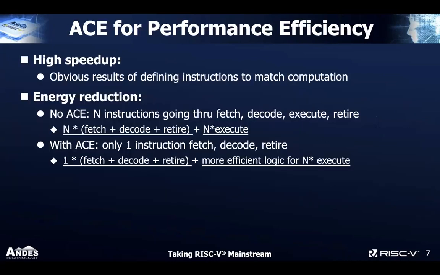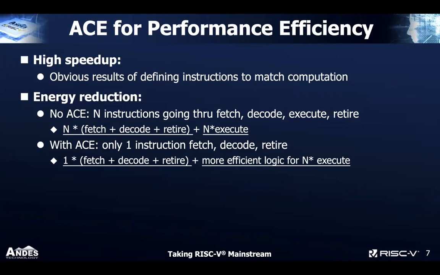So once you create the instructions, what kind of acceleration can you see? And what are the side effects? Well, A, you get your job done faster. B, it has a good side effect: you save power and energy. So without custom instructions, let's say I have a 1,000 instruction sequence that does fetch, decode, execute, and that takes many cycles.